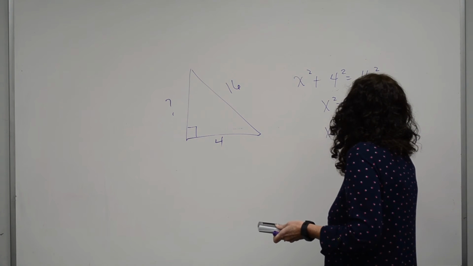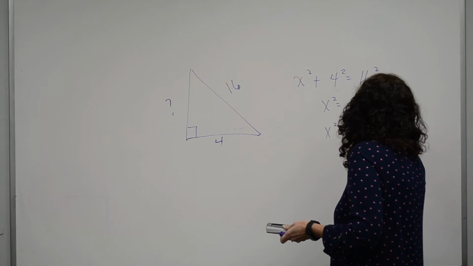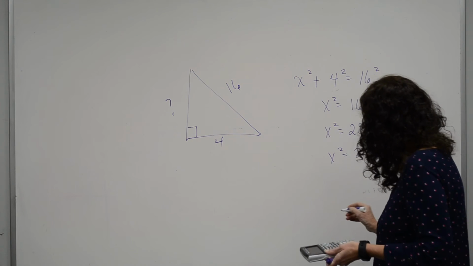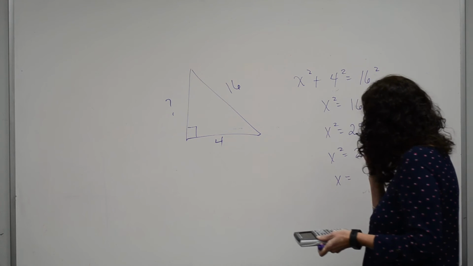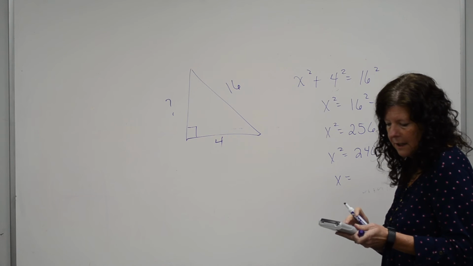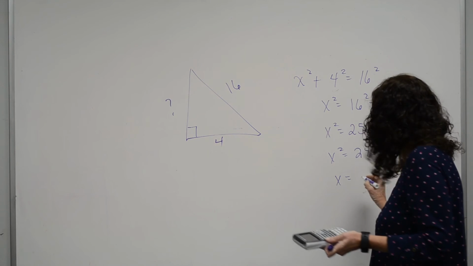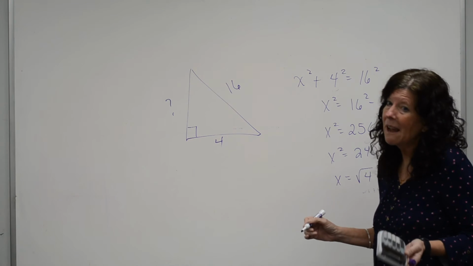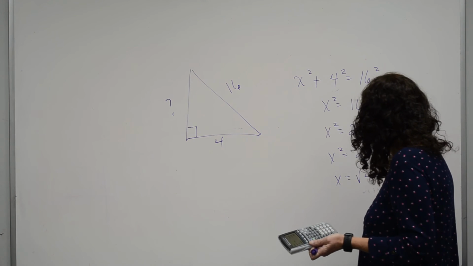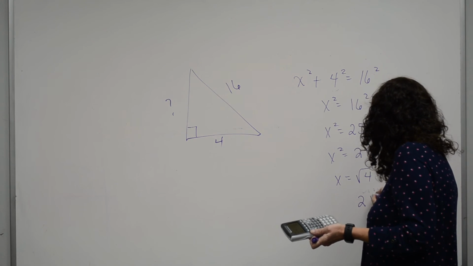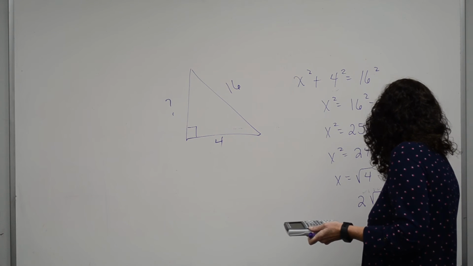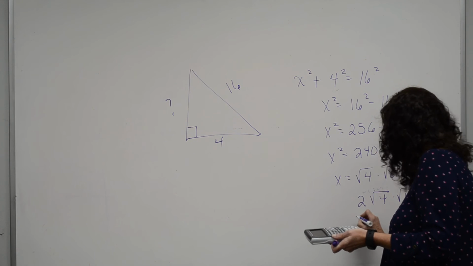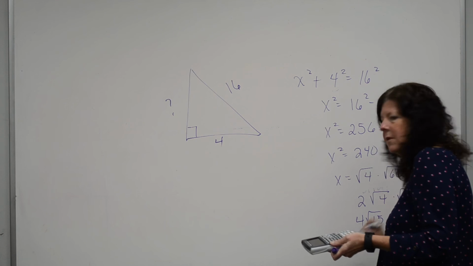So I've got 256 minus 16, so x squared is equal to 240. So x is going to be, and I'm trying to think of what goes into 240 that I can take the square root of. I know 4, so that's the square root of 4 times the square root of 60. But I'm going to be able to break down 60 as well, because 60 is 4 times 15. So the square root of 4 is 2. 2 times 2 is 4. So ultimately I have 4 on the square root of 15.